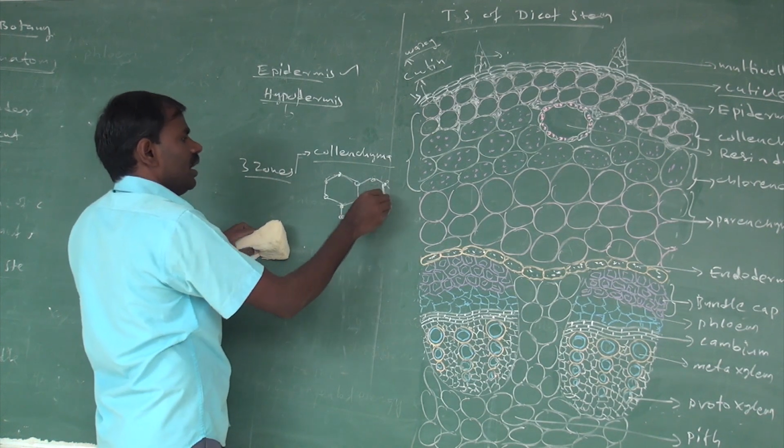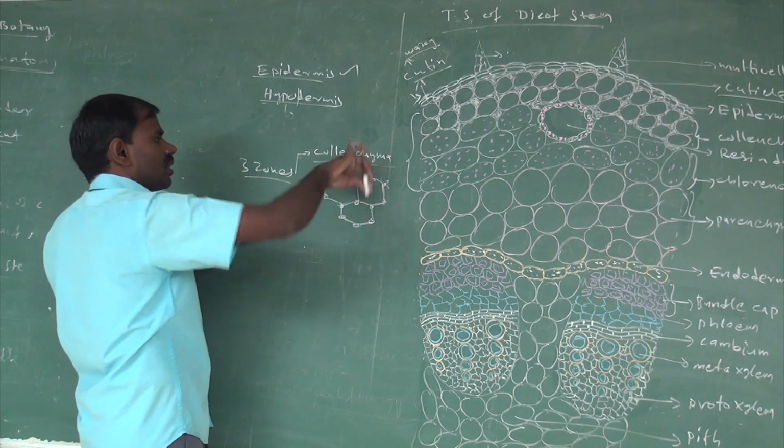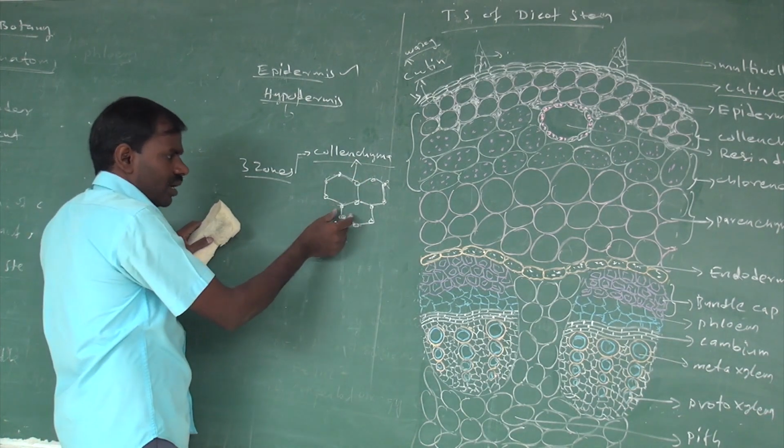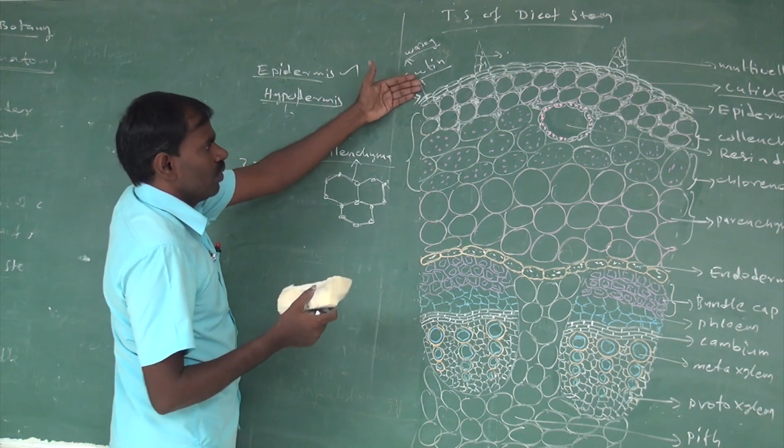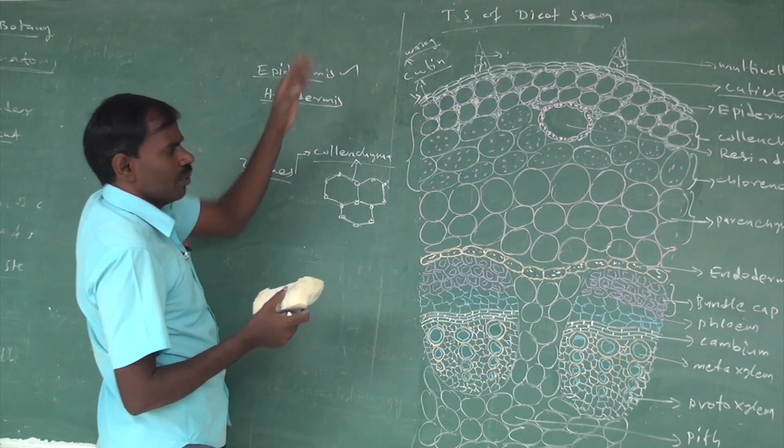The corner-thickened cells found below the epidermis are called angular collenchyma in the hypodermis.